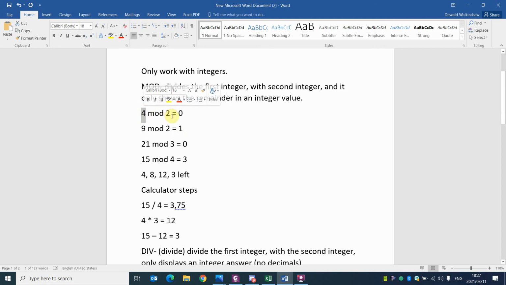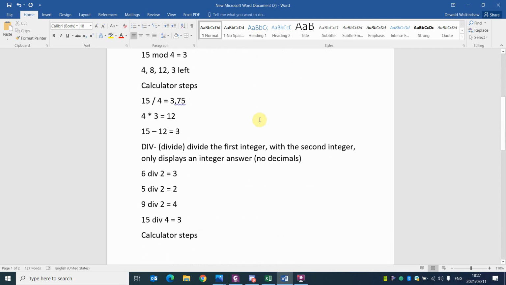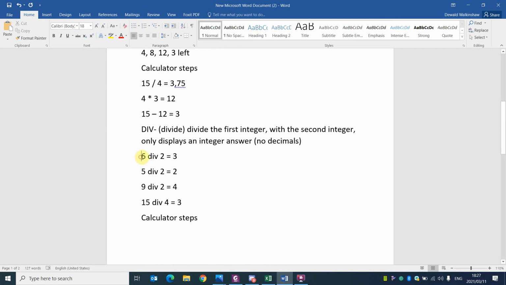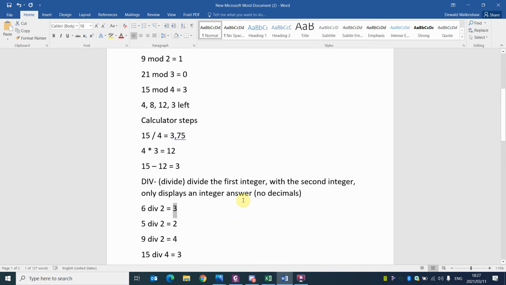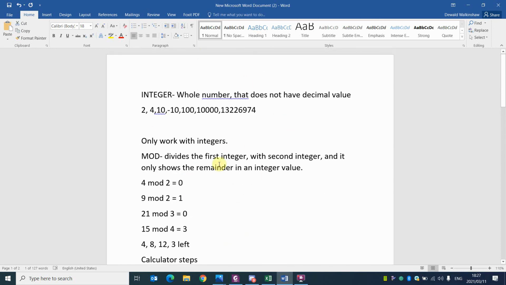It will not work. It needs to be an integer every time. If we look at div, again there's an integer in the front, you divide it with an integer and you get an integer answer. So mod and div only work with integers. You cannot have decimals.